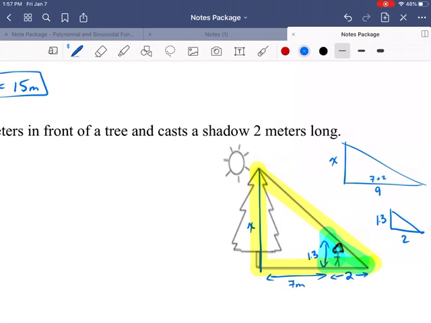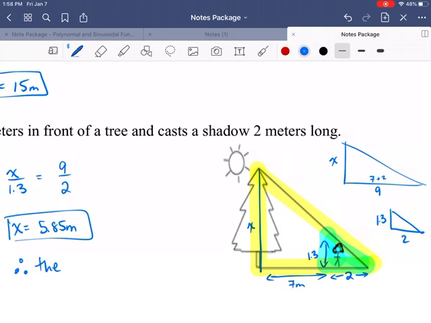So let's set up a proportion statement here. x over 1.3 is equal to 9 over 2. And using the same methods, x is going to equal 5.85 meters. So, therefore, the tree is 5.85 meters tall.